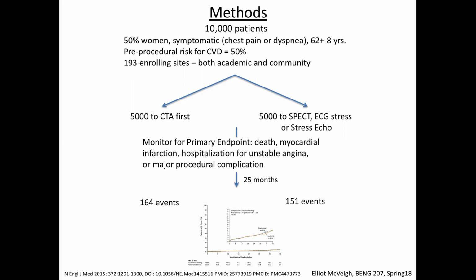Therein lies one of the problems with the study: these numbers are really low. And they all thought, they're all smart people, been doing this a long time, that they were going to get 3 times that number of events, right?